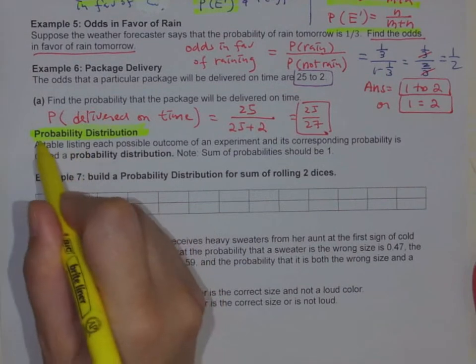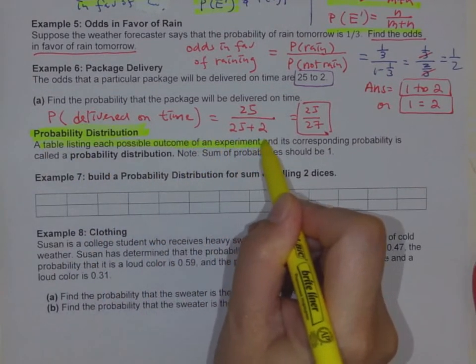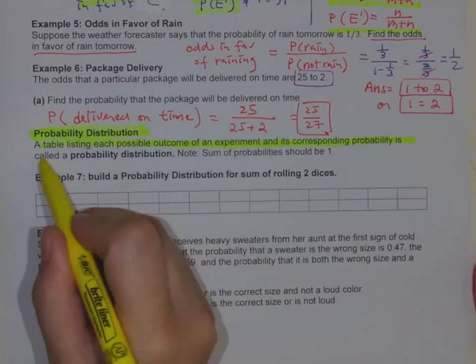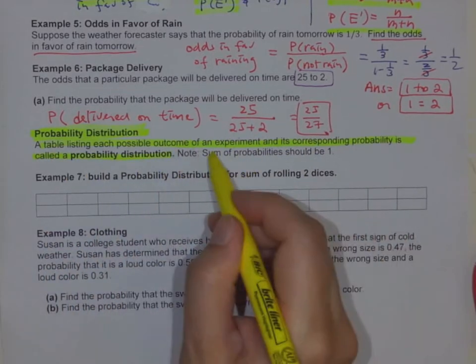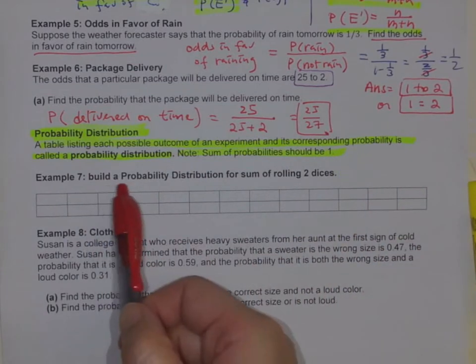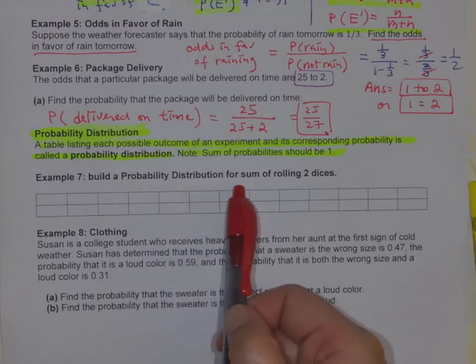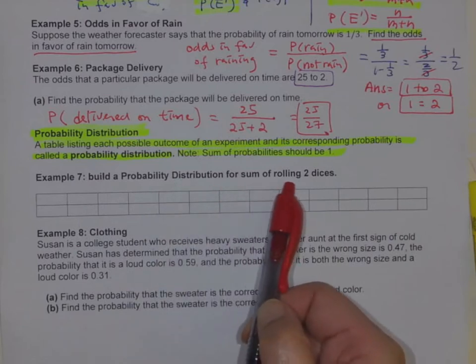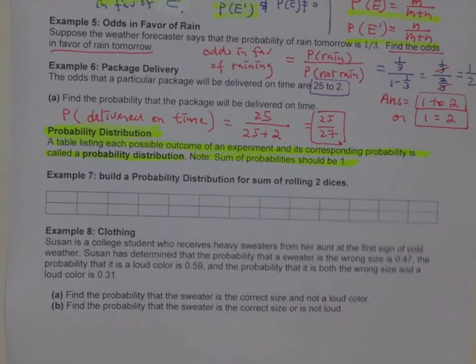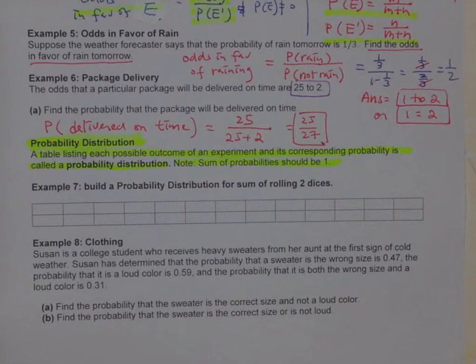So a table that lists each possible outcome of an event or experiment, and its corresponding probability, is called a probability distribution. Make sure the sum of all the probabilities is 1. So we want you to build a probability distribution table of the sum of rolling 2 dice. So again, you probably need that table from the last page to build that, because we are rolling 2 dice.